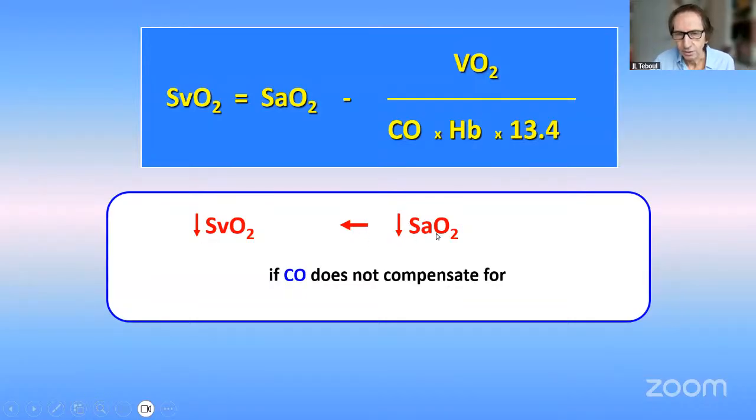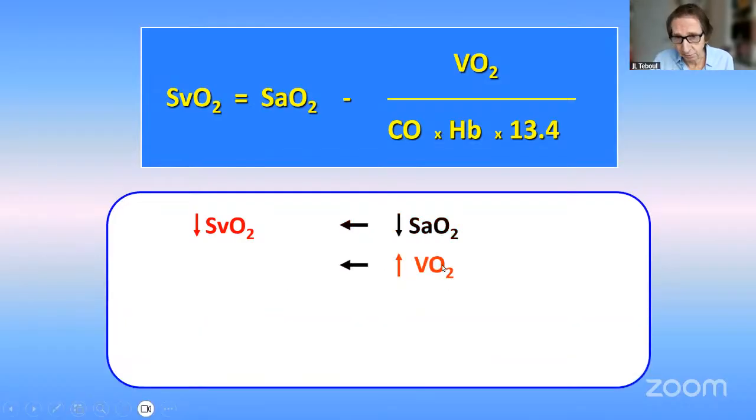And this occurs very rarely. It occurs only in some patients with profound hypoxemia, less than 90% for SaO2. And in general, if cardiac output is able to compensate for this decrease, SVO2 does not change a lot.